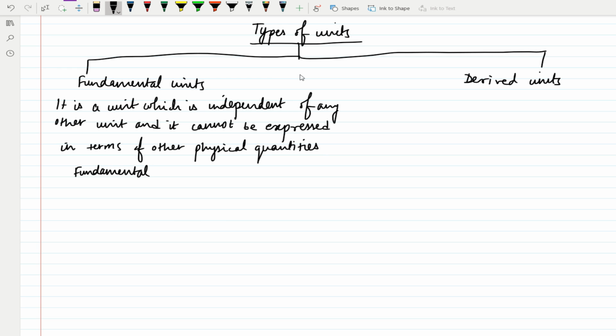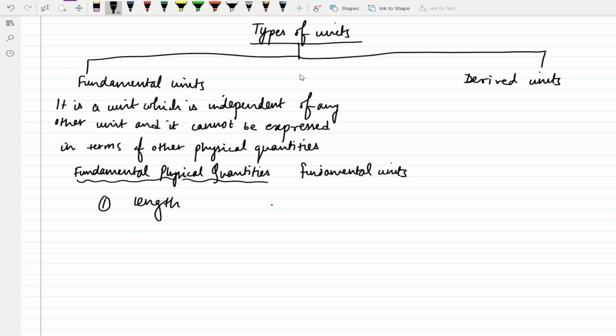Okay, now as you know, the fundamental physical quantities have fundamental units. So you are aware of a few fundamental physical quantities, like length. Its fundamental unit is meter. Then you have mass, it has kilogram.